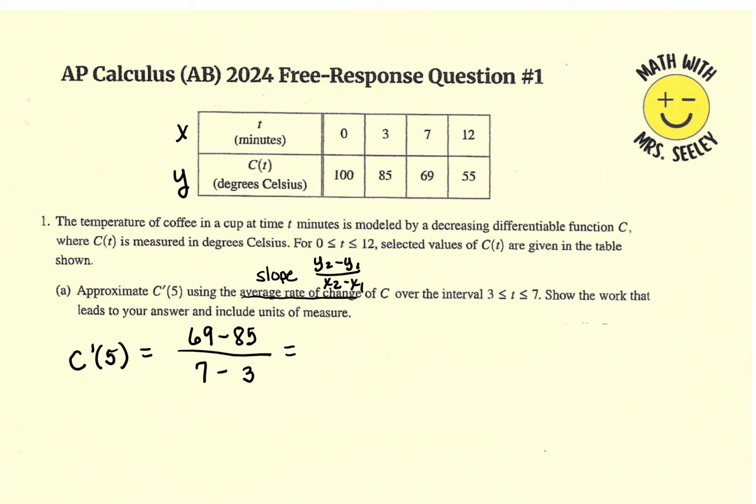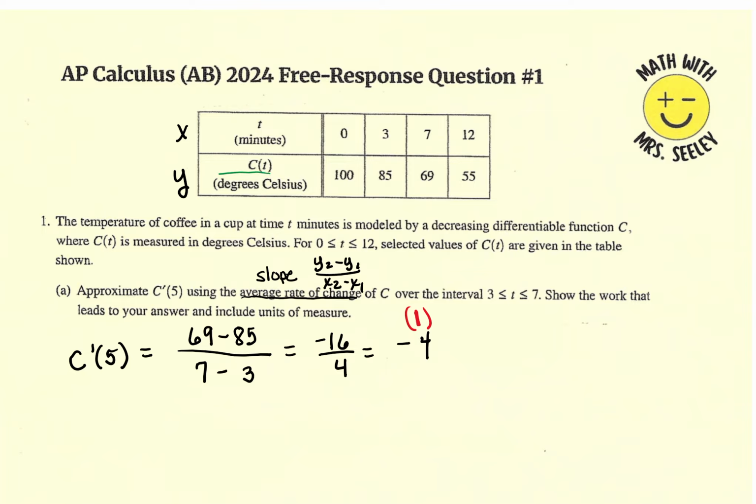All right, do your calculations. You do have your calculator for this one if you need it, but that's negative 16 over 4, which is negative 4, and that's your answer. If you get that, give yourself a point, but then it also says to give the units of measure. Remember that slope, that's your y's over your x's.